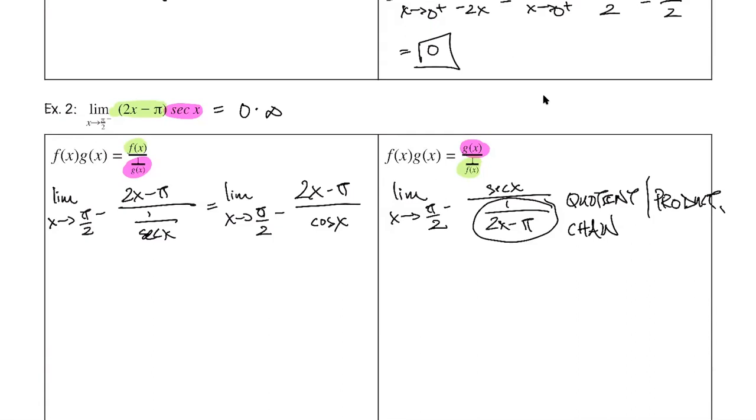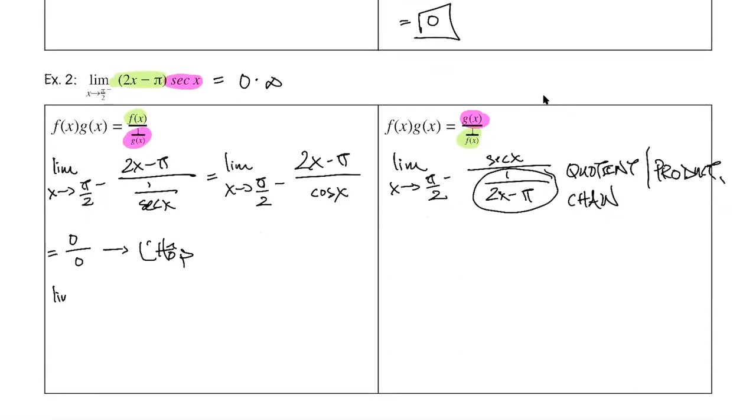Okay, so once I set them both up, I'm like, all right, that first one is easier, let's do the first way. So if we plug in pi over 2 into what we have, we end up with a 0 over 0 case. So that means we can use L'Hopital's.